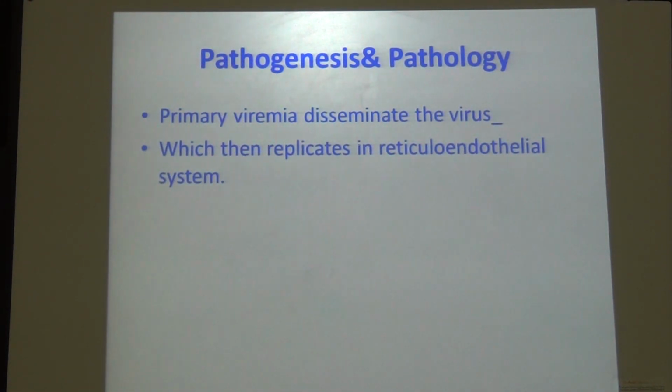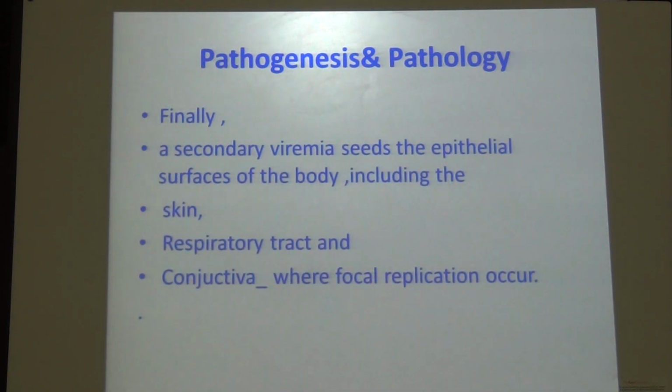Then primary viremia disseminates the virus, which then replicates in the reticuloendothelial system. Finally, a secondary viremia seeds the epithelial surface of the body, including the skin, respiratory tract, and conjunctiva, where focal replication occurs.